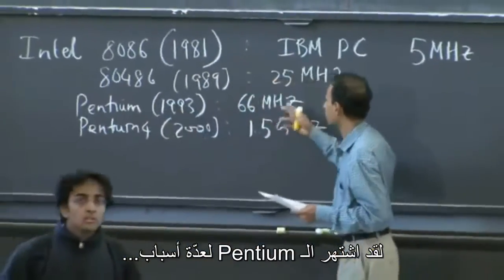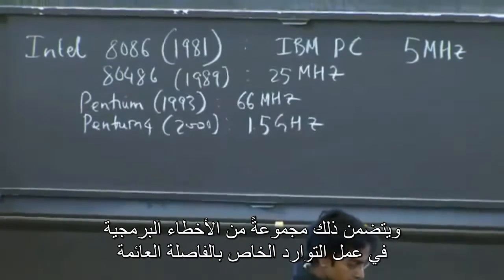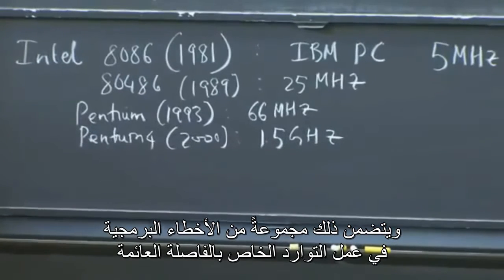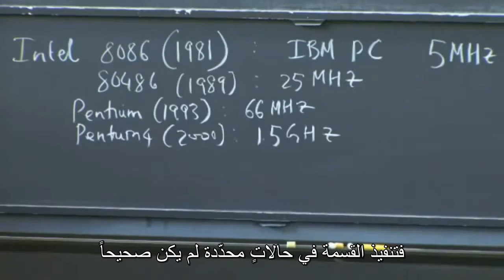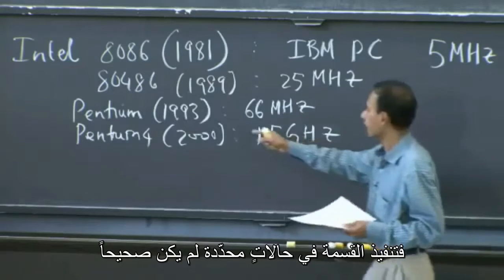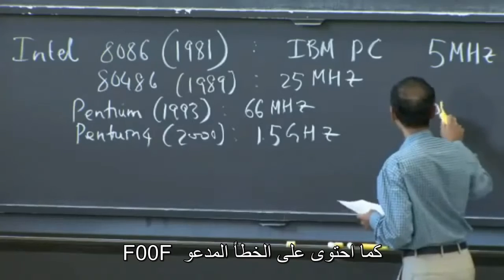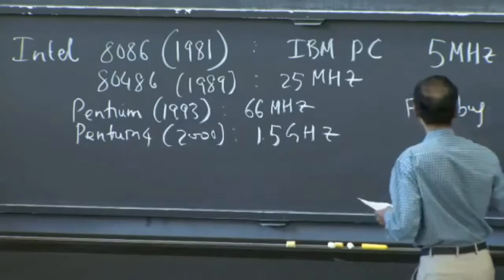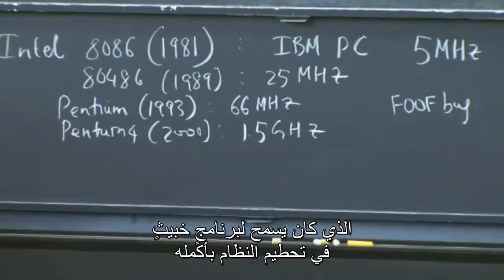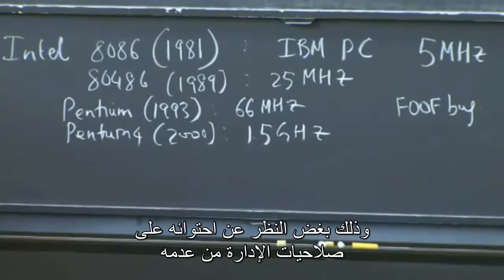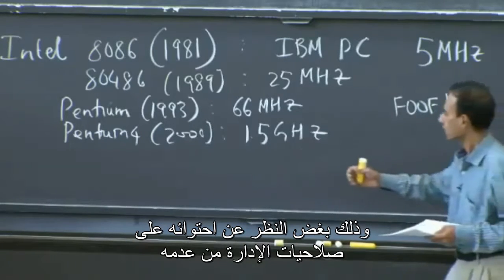The Pentium was famous for many things, including a couple of bugs in the floating point pipeline where division in particular corner cases wasn't done correctly. And there was also this bug called the F00F bug, which allowed a malicious program to crash the entire system regardless of whether it had administrative privileges or not.